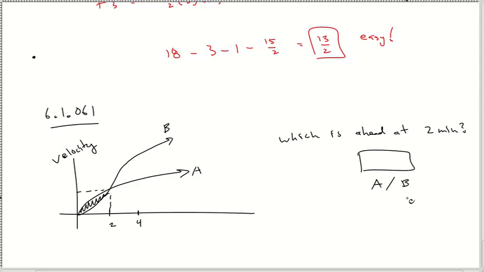So which one is ahead after 2 minutes? Let's talk about what's going on. So we have velocity. This is not position. This is velocity. So we got 2 cars speeding up, and this guy's speeding up, and he's going really fast at first, but then he kind of slows down eventually. He's not capping out, but he's not going as fast.